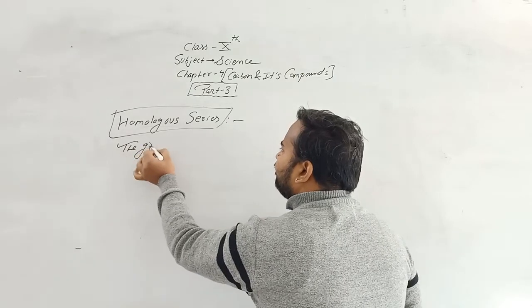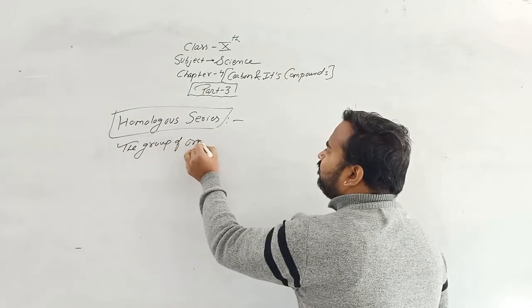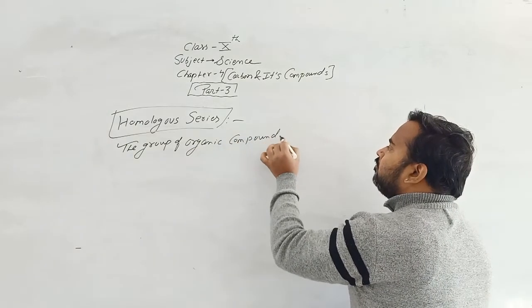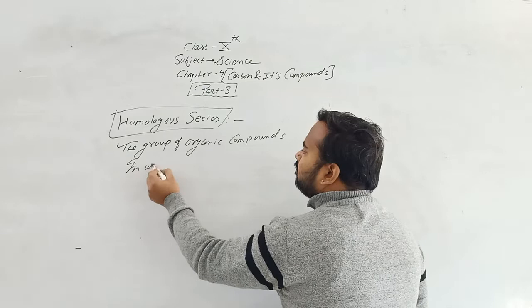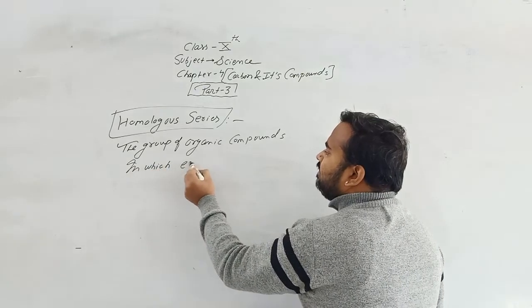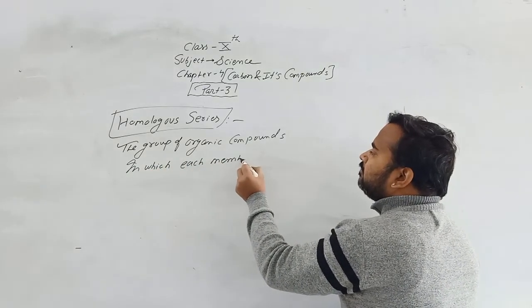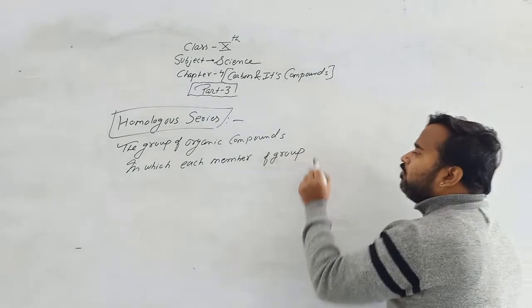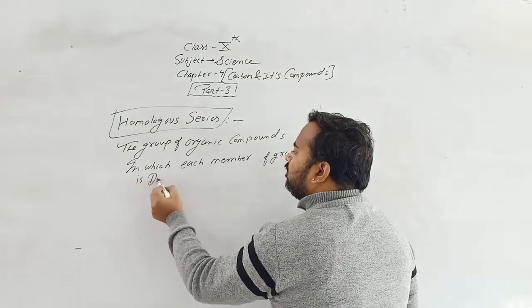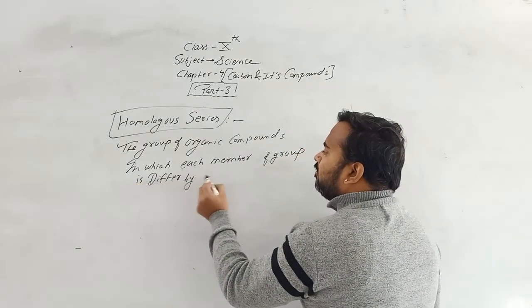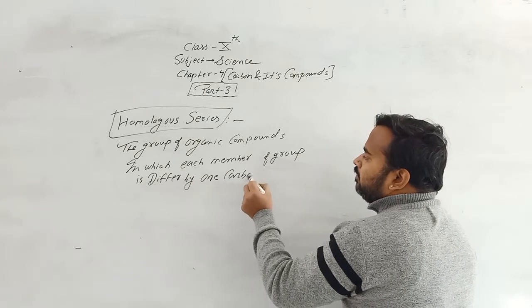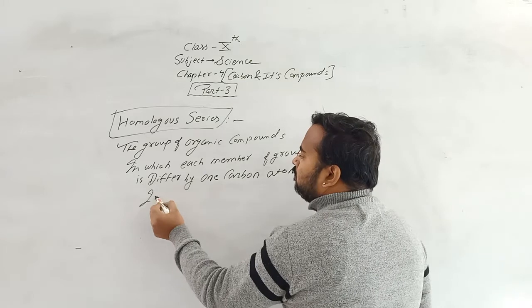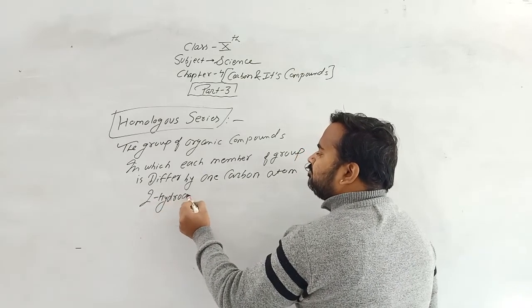The group of organic compounds in which each member of the group differs by one carbon atom and two hydrogen atoms.